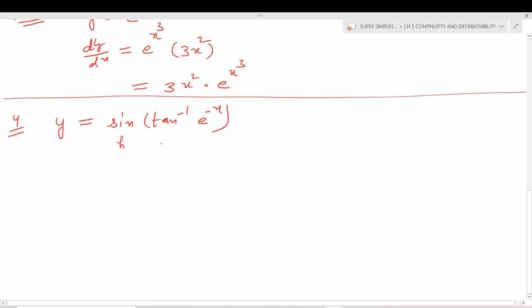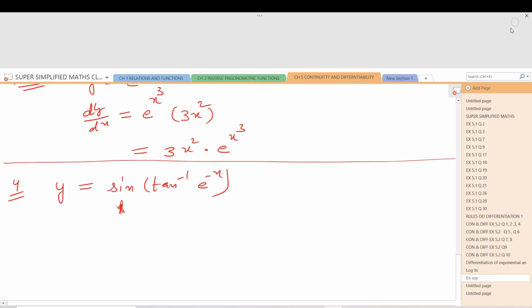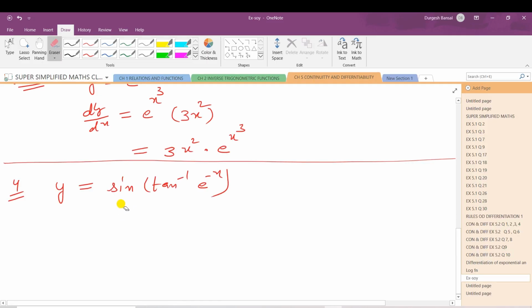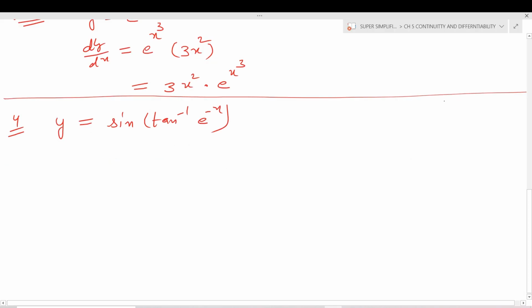So we don't try to apply too many formulas, we just remember one simple rule: if we have more than one function to be differentiated, we differentiate the outermost function, copy down the innermost, multiplied by the derivative of the next innermost, multiplied by the derivative of the next innermost. So now let us find out dy by dx.